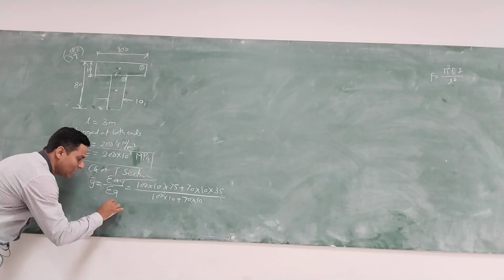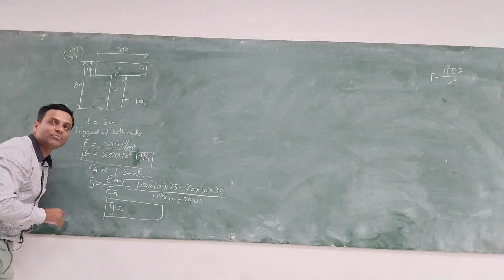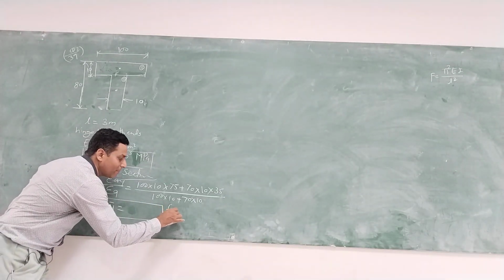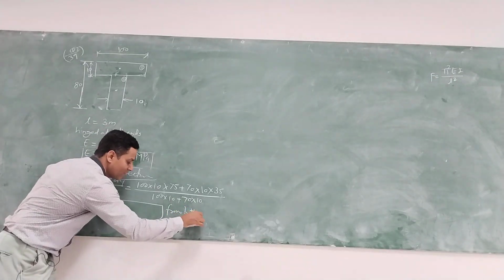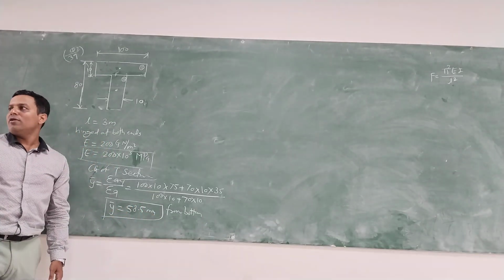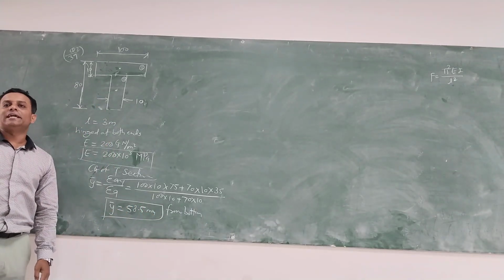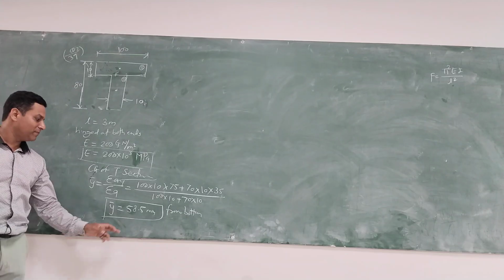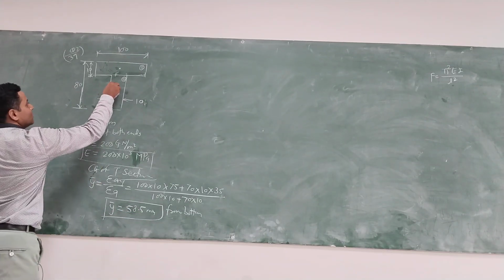If you solve, you will get centroid from bottom 58.5 mm. So from bottom, the centroid is lying at 58.5 distance.